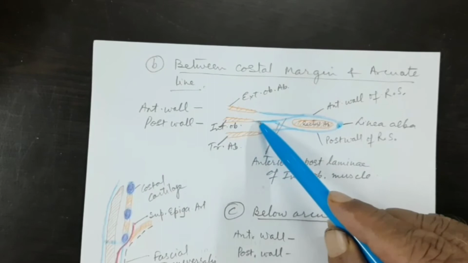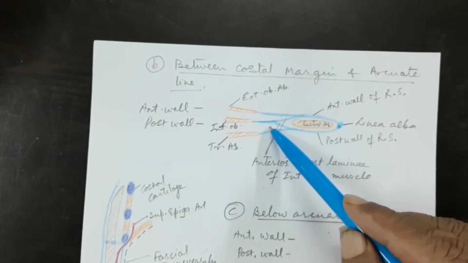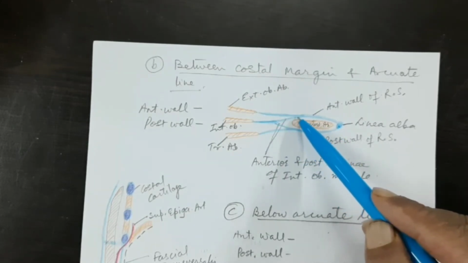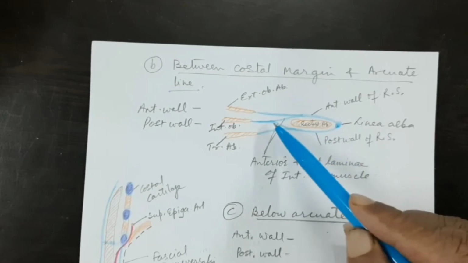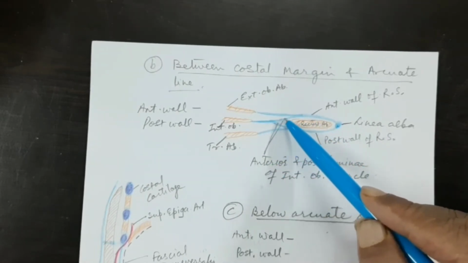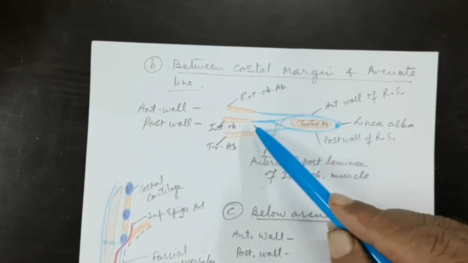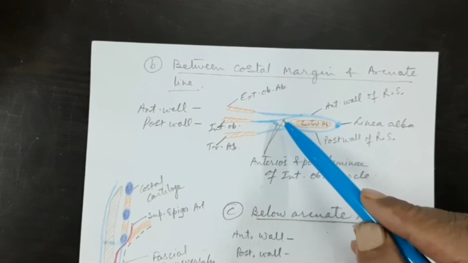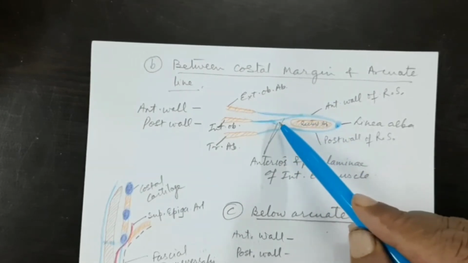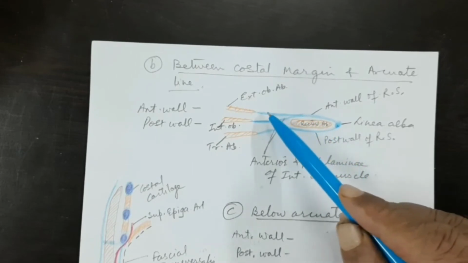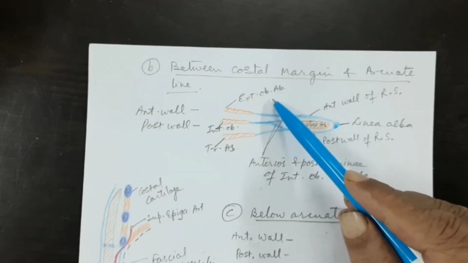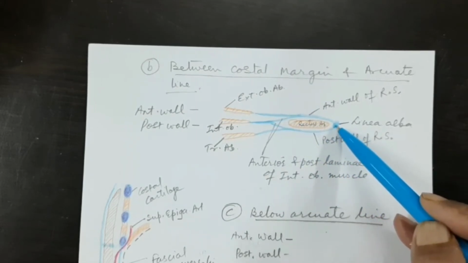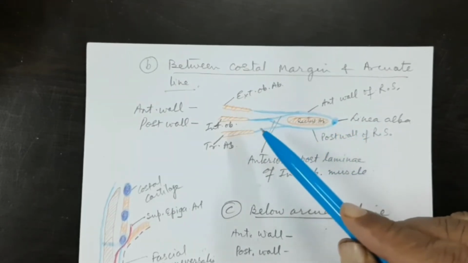Then this is the internal oblique abdominis aponeurosis, which will split into two layers, the anterior layer and the posterior layer, which are called lamellae. The anterior lamina will fuse on the undersurface of the aponeurosis of the external oblique abdominis, and both, after fusing, will join to the linea alba here in the midline, median plane.